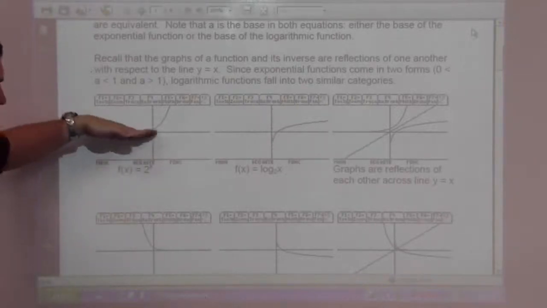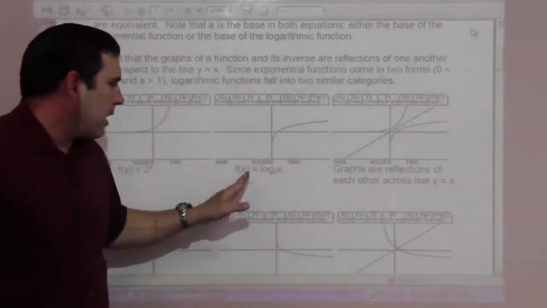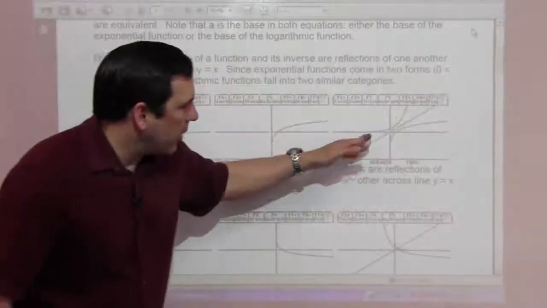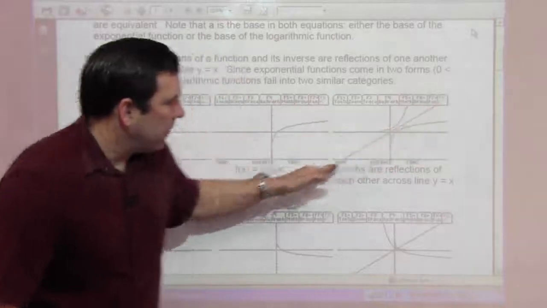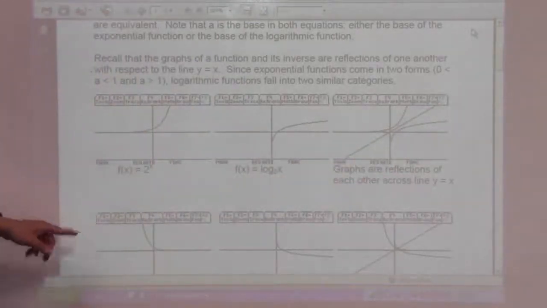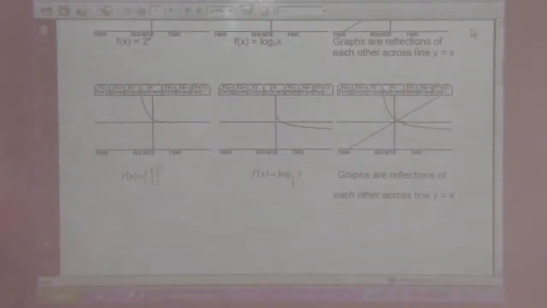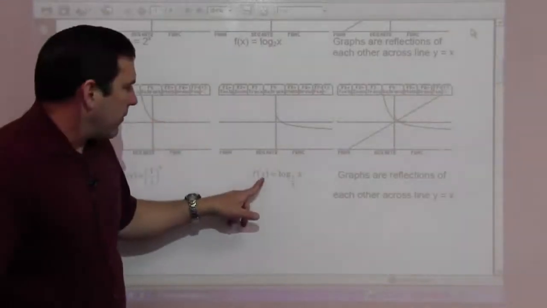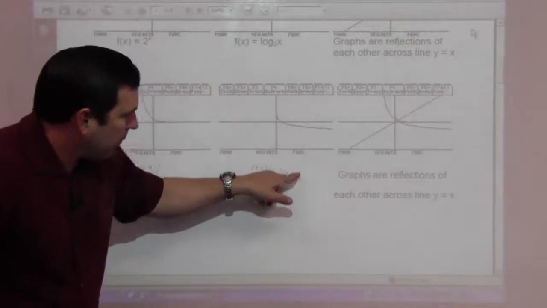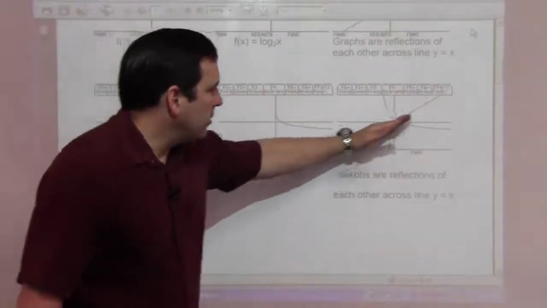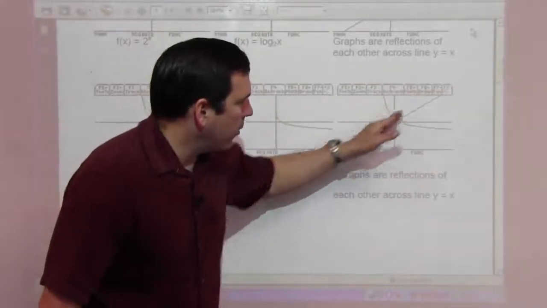So here's f of x equals 2 to the x, here's f of x equals log base 2 of x, and they are reflected across the line y equals x. Here is f of x equals (1/3) to the x, and f of x equals log base 1/3 of x. This doesn't really look like it as much, but they are reflected across the line y equals x.